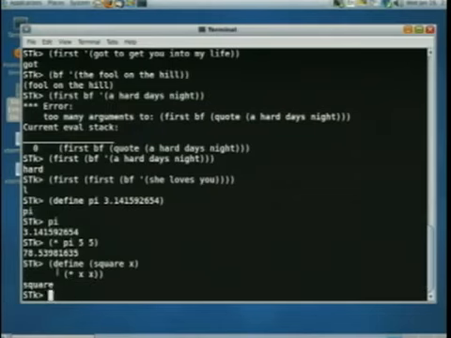So what does this mean? It means when you call square with an argument, like if I say square of plus 2, 3, what happens first? Plus 2, 3. First thing we do is evaluate the sub-expressions to get the argument values.